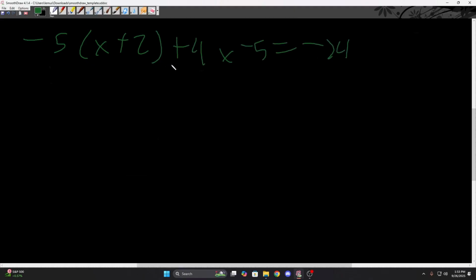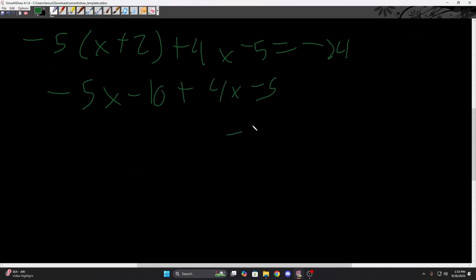Okay, so the next question is negative 5 times x plus 2 plus 4x minus 5 equals negative 24. So basically, obviously you distribute first, so negative 5x minus 10 plus 4x minus 5.